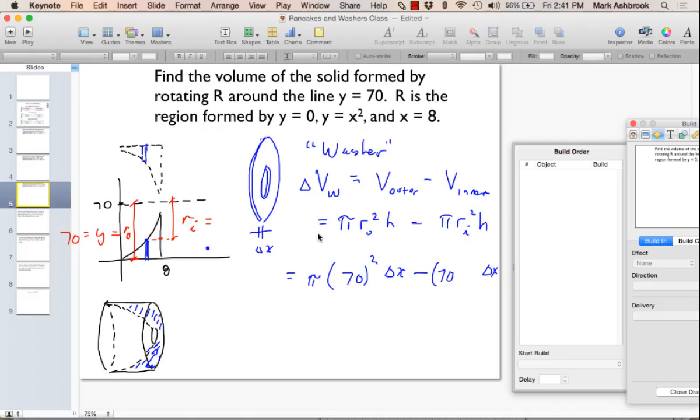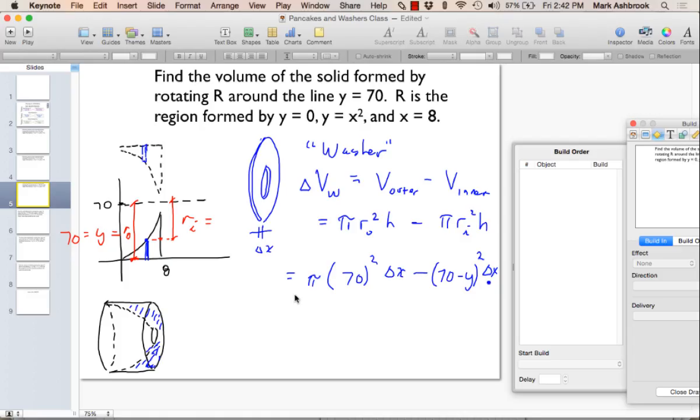So we're doing a change in y, so 70 minus y. That's all squared. That whole thing, 70 minus y, is the radius squared.